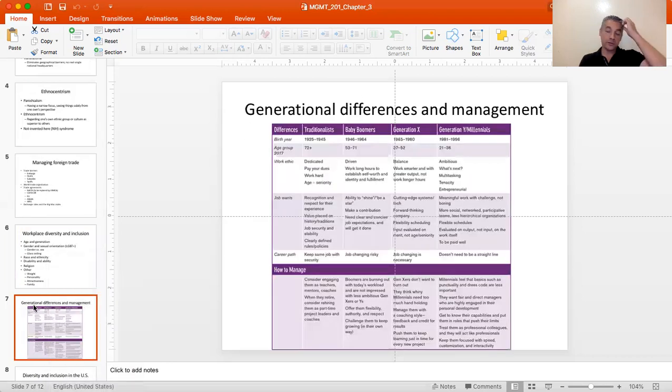Now, with respect to age and generational differences, first of all, yes, there is this provision that says you cannot discriminate against people who are 40 years and older. So when you apply for jobs, oftentimes there would be a question: are you at least 40 years of age?